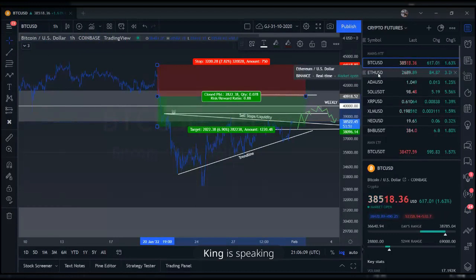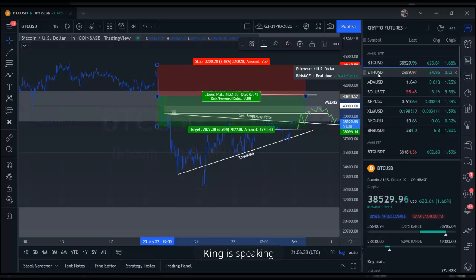Ethereum swing trade still open. BNB swing trade still open. And my BTC swing trade still open. Ethereum and Bitcoin swing trades are currently in a loss.